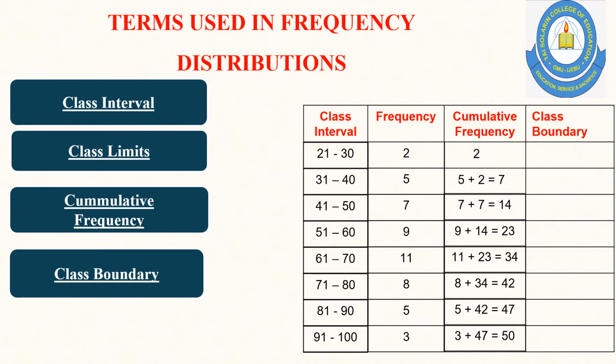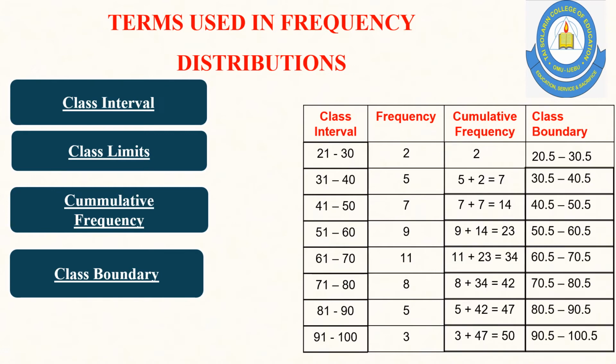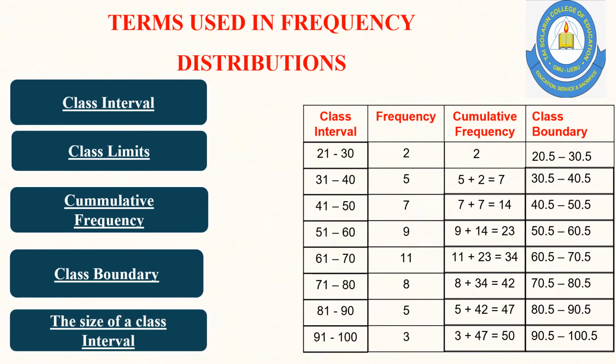And if you add 0.5 to 30, you get 30.5. So 31 minus 0.5 and 40 plus 0.5. Let's do that. If you do that, you have the figure below.